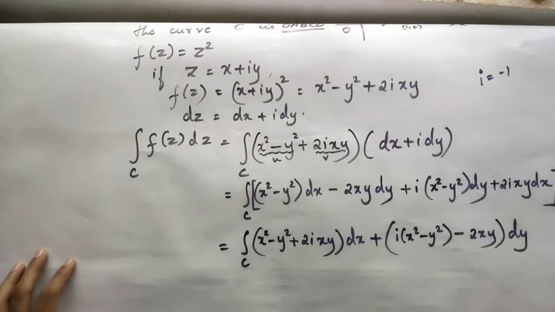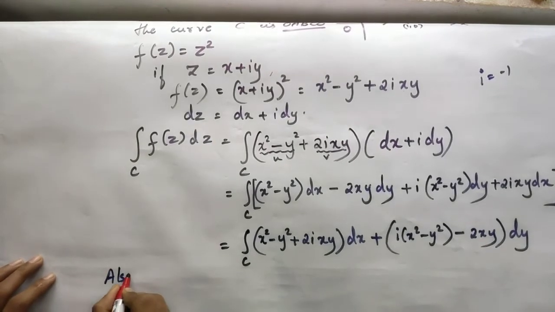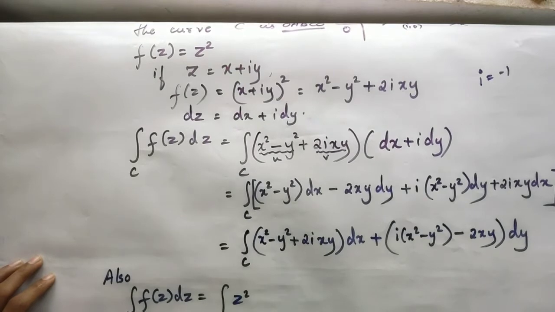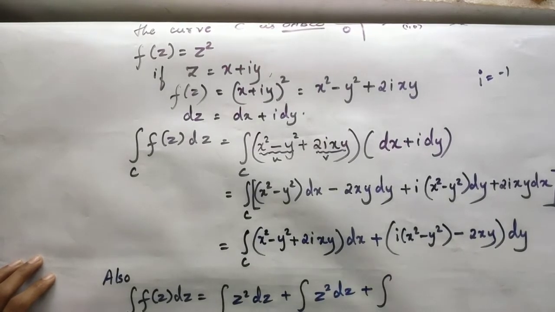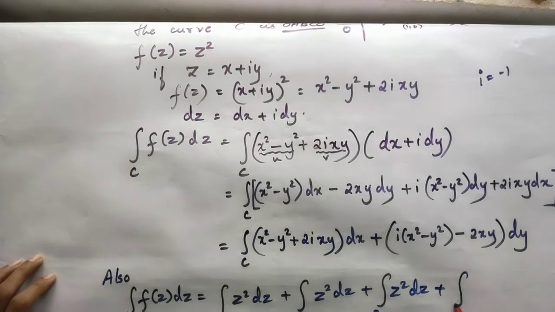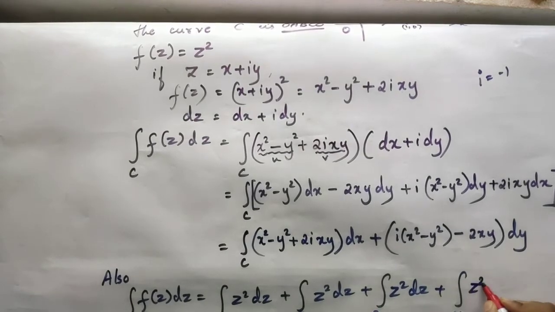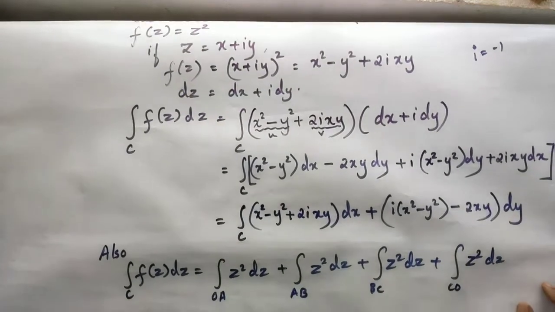The integration over the curve C of f of z dz is equal to the integration along OA of z square dz, plus the integration along AB of z square dz, plus the integration along BC of z square dz, plus the integration along CO of z square dz, because f of z is z square. You will get it like this.